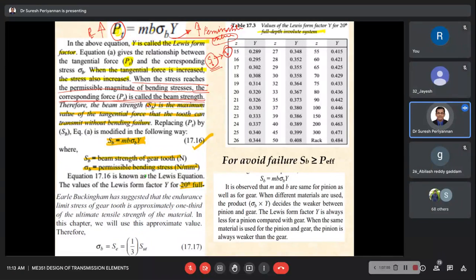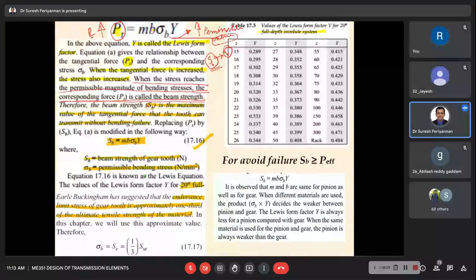Now, another person entered this work. That person's name is Earle Buckingham, right? He suggested that the endurance limit stress of the gear tooth is approximately 1/3 of the ultimate tensile strength of the material.